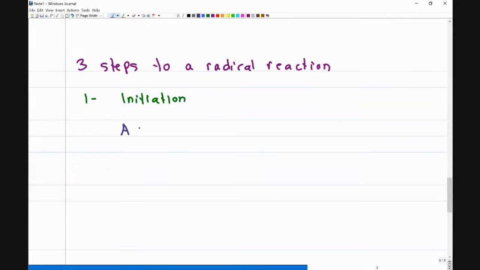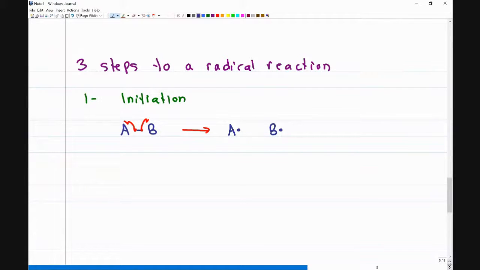Using our A bound to B example, and I'll show you specific examples once we get into the mechanism. If I have A bound to B, and I show you actually what I showed you before, where they break apart like this, 2 half arrows, my product will be A radical and B radical.